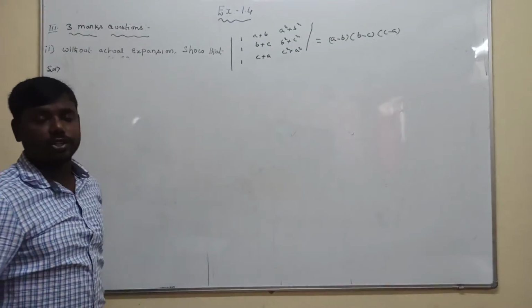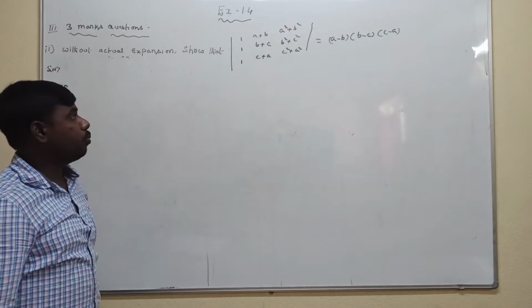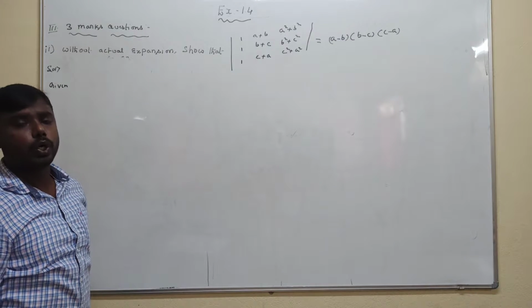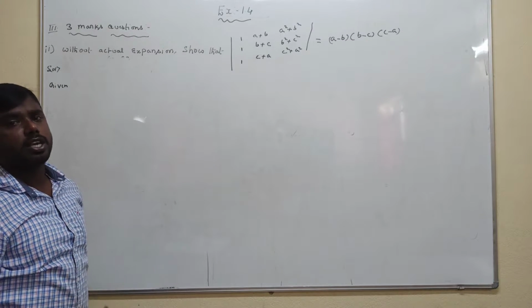So this one also, without actual expansion, we prove that this determinant value is equal to a minus b into b minus c into c minus a.